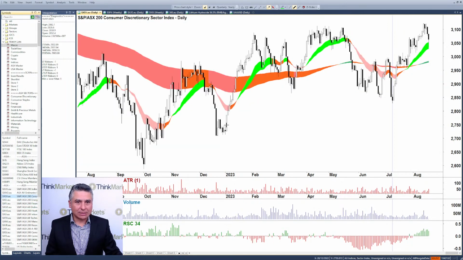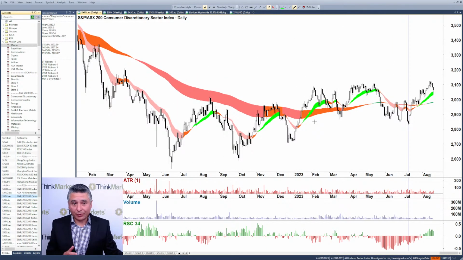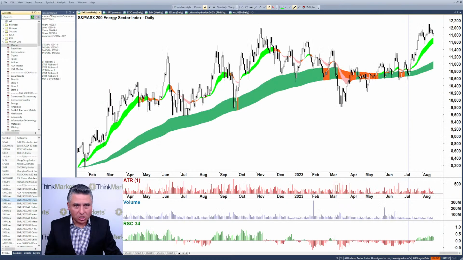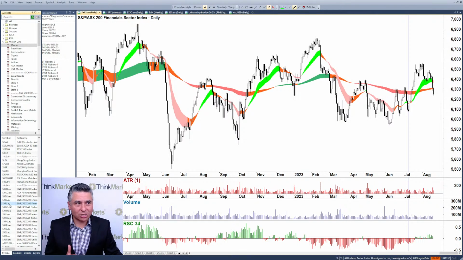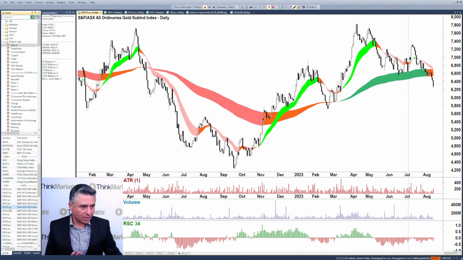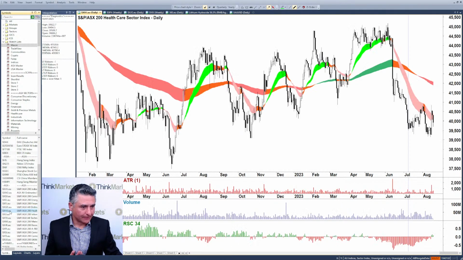Sectors, let's have a look at the sectors here. Discretionary, I still think looks okay. I mean, we've seen some of those discretionary stocks pull back up again, but they've hit a level through here and they're having a bit of resistance. Energy was looking good until the China stuff. Financials actually started to look good. The banks started to go back up until China stuff, yields. Gold is not where I want to be, okay, at all right now.